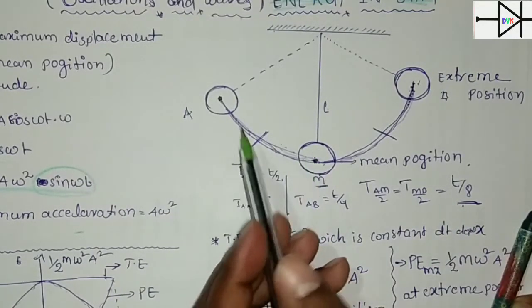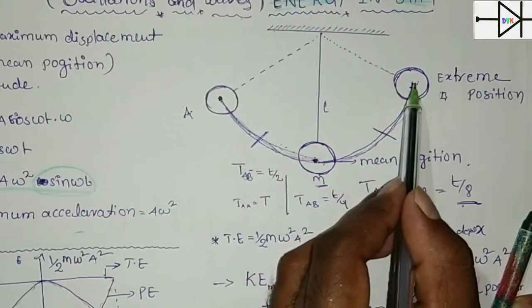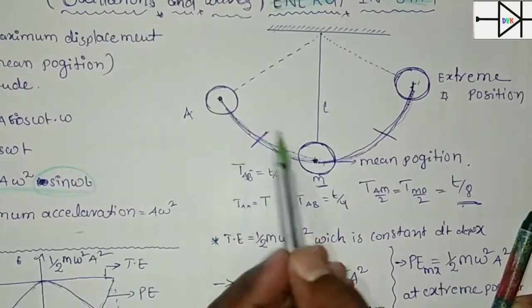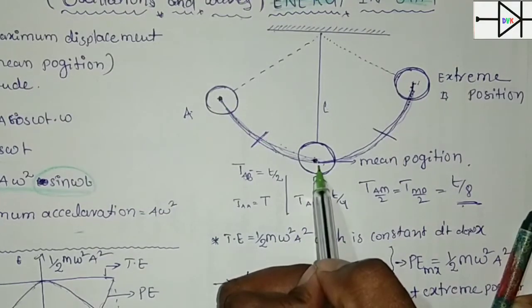Okay, first one, the time period A to B is equal to T by 2. The time period of A to M is T by 4.